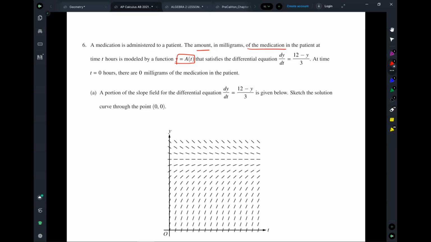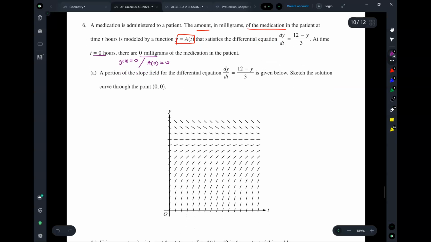And it satisfies the differential equation dy/dt is, that one. So that's the rate of change of it. At time t equals 0, there are 0 milligrams of medication in the patient, right? So that's your initial condition, right? So y(0) equals 0, or you can say A(0) equals 0, okay?